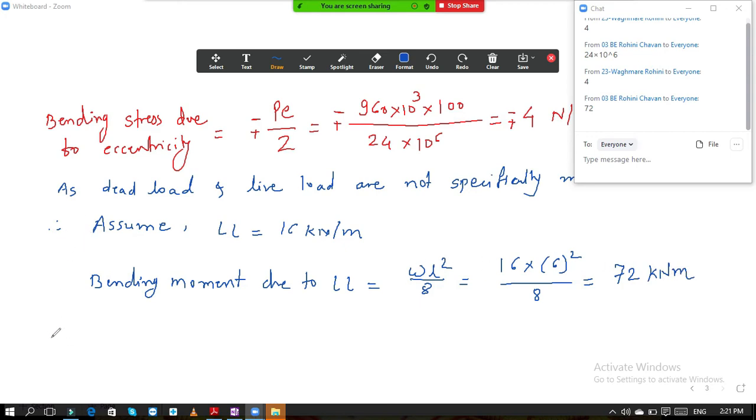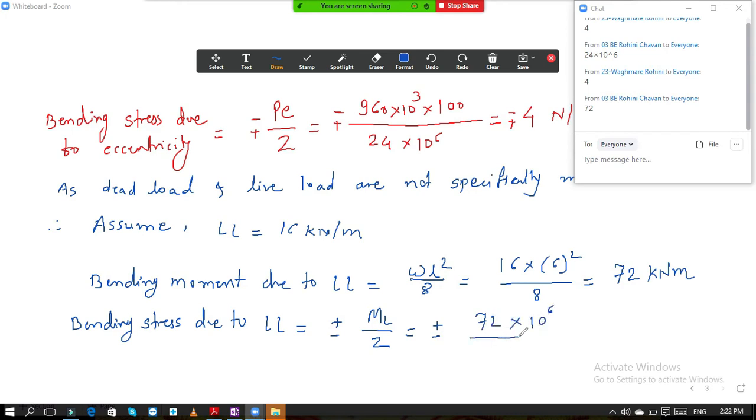Now calculate the bending stress due to live load, which is equal to plus minus ML by Z. ML is 72 kilonewton meter, so 72 into 10 raised to 6, divided by Z. Z was 24 into 10 raised to 6.